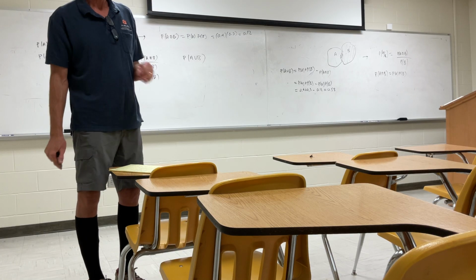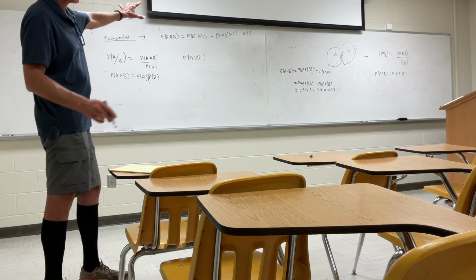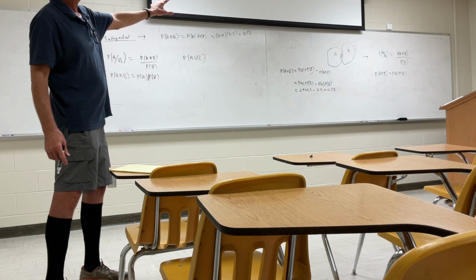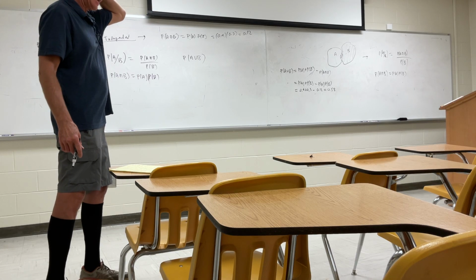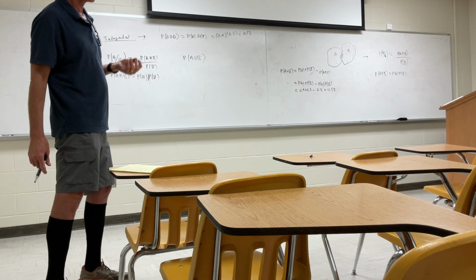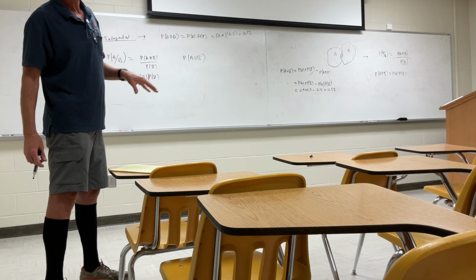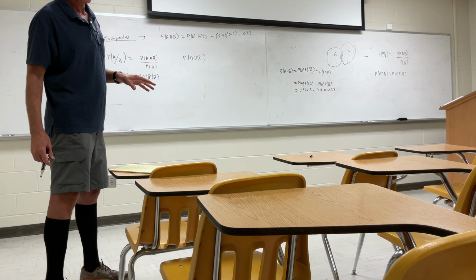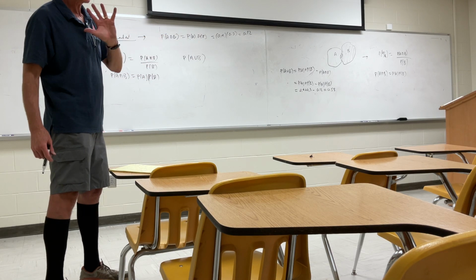I'll tell you one other thing. I'm not going to do this right now. Remember how I had 3 sets? If I've got 3 sets, probability of A is 0.4, probability of B is 0.3, probability of C is 0.2. Suppose I say they're all independent and I start asking for things. You all follow me how you extend this? It should be logical.